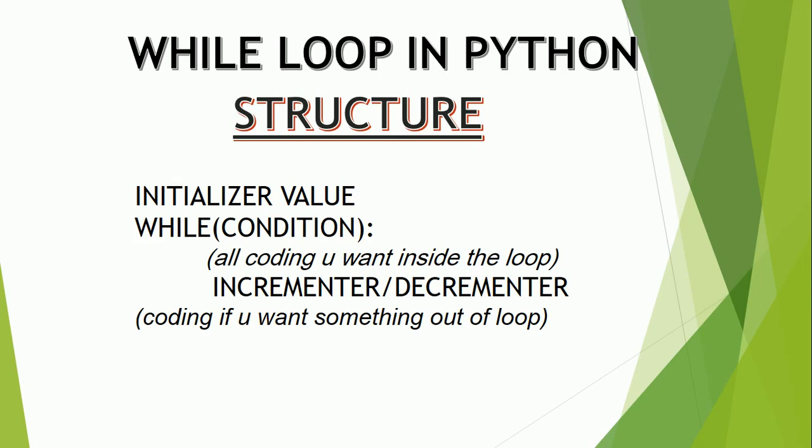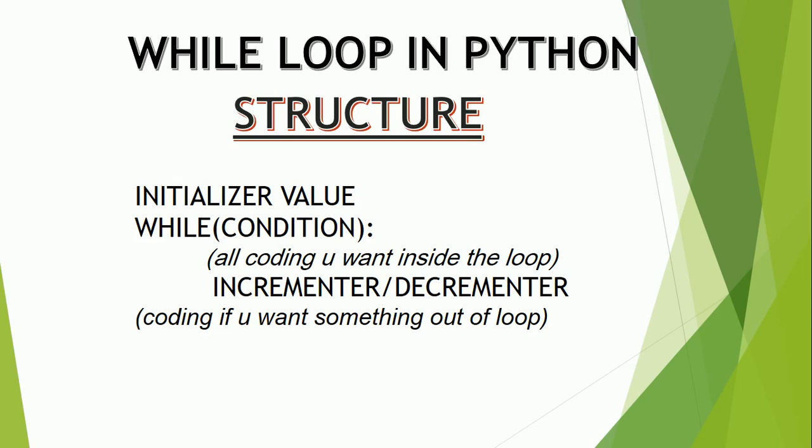This is the basic concept, and after writing all your code under the scope of the while loop, one more thing you have to mention is the incrementer or decrementer of the value of the variable you took in while loop. I repeat, there are three basic steps.